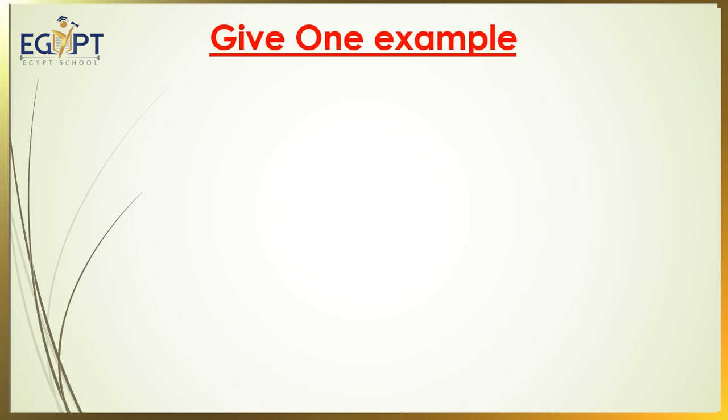Questions. Give one example of number 1, animal with soft body. Animal with soft body, as you know, octopus or jellyfish. I give you here 2 examples; you have to write one of them.